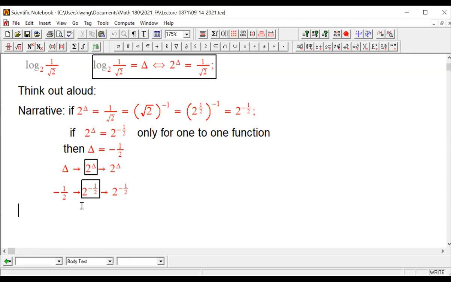For example, if I know sine x is equal to sine y, right? Can you say x equals y?